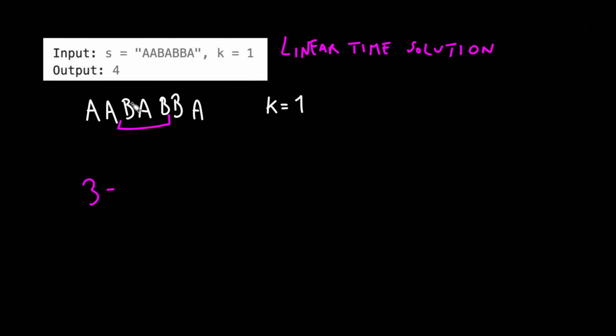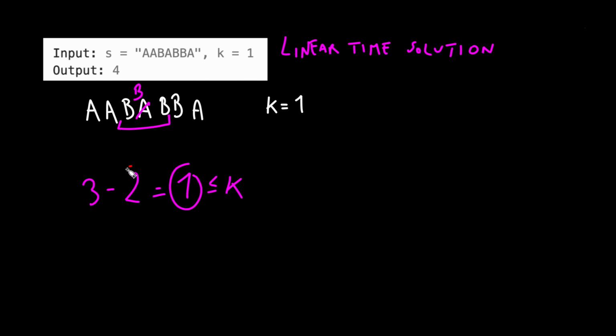In this case it's B, which is appearing twice, and 3 minus 2 is 1. Now we check, is 1 less than or equal to k? Yes, it is. One replacement is going to be enough to make this window have the same characters, so we are going to have 3 B's.